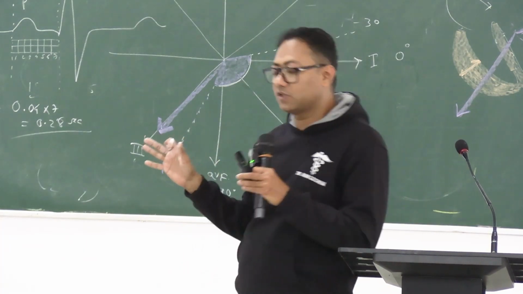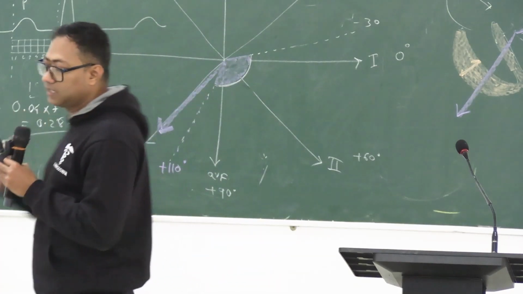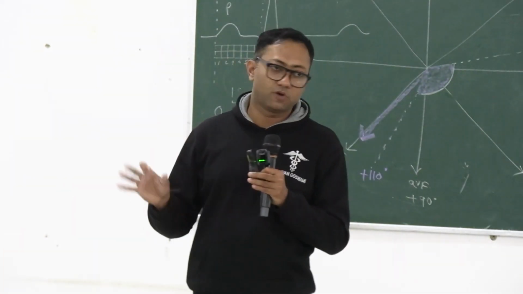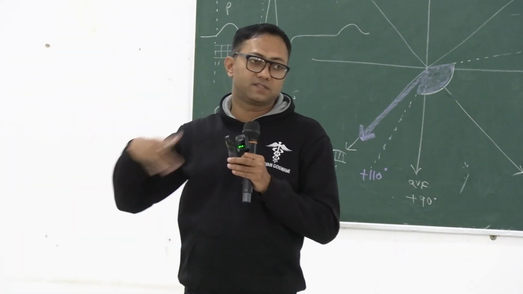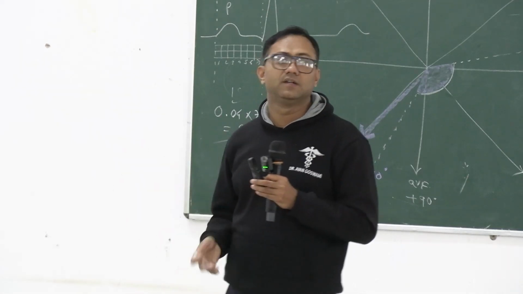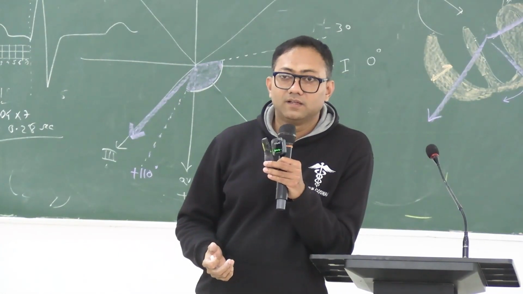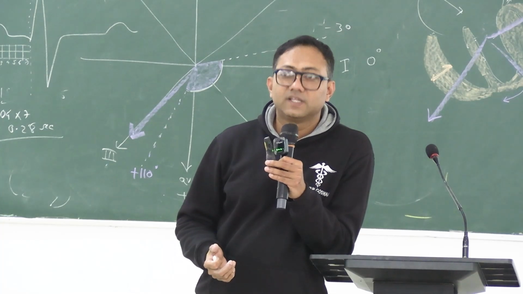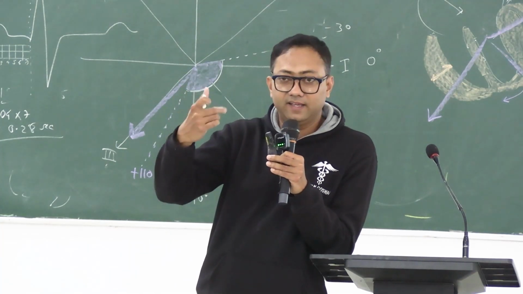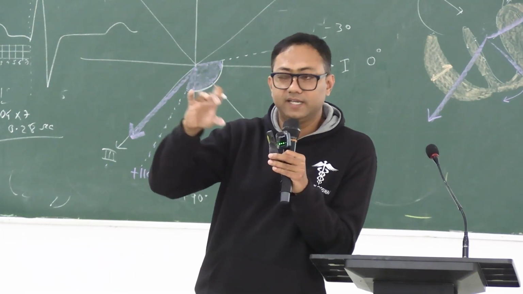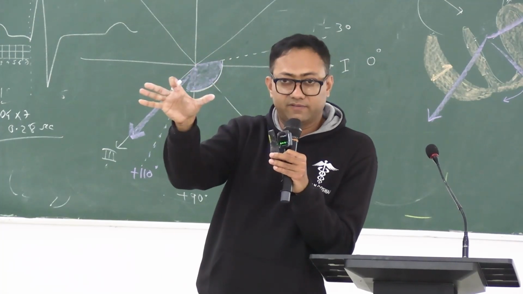There are further classifications of AV block. It may be first degree block, second degree block or third degree block, right? I will discuss the different classifications in our next class. Yes, AV nodal delay is buried within the PR interval.